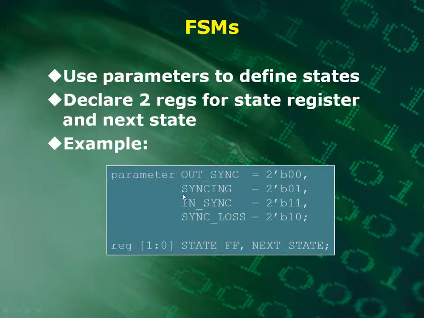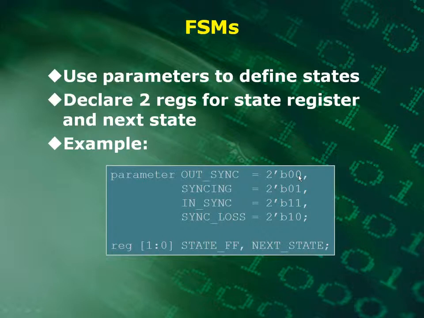It doesn't matter what those values are, you just need to be able to contain that many different values. Here we've said that our outsync state is 0, and typically you want to make your reset state 0, 0, where all the flip-flop bits are 0.